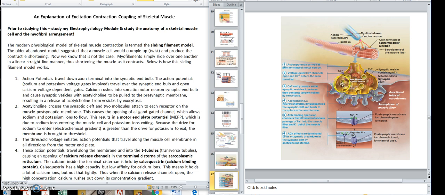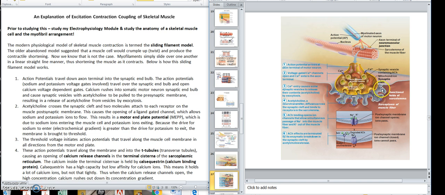When the synaptic vesicles, which contain a neurotransmitter substance called acetylcholine, pull down, they fuse with this membrane. When they fuse with the membrane, then they open up, and by exocytosis, acetylcholine comes ballooning out.